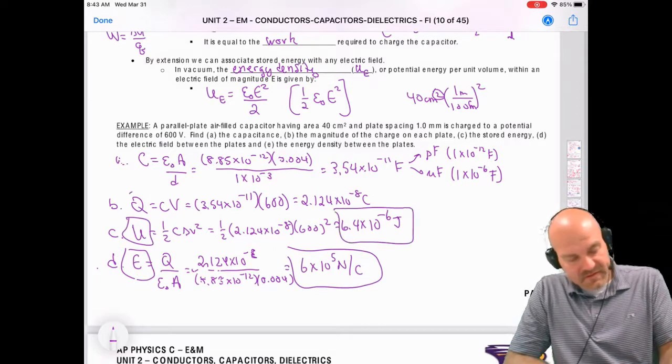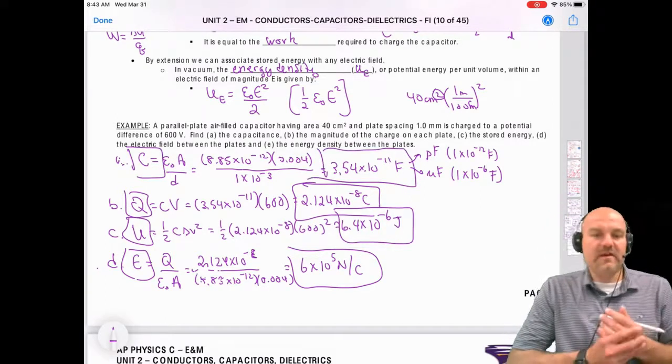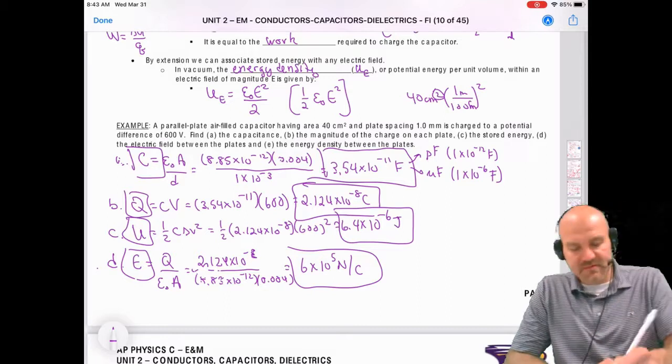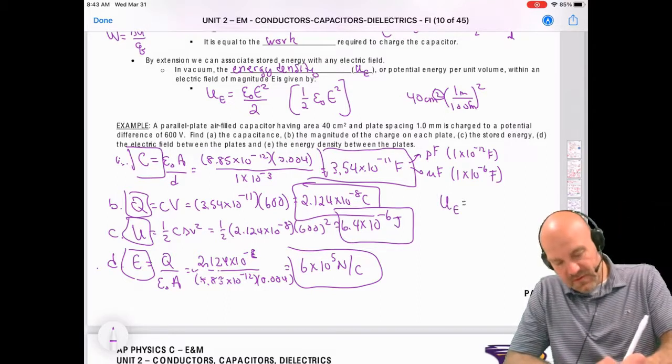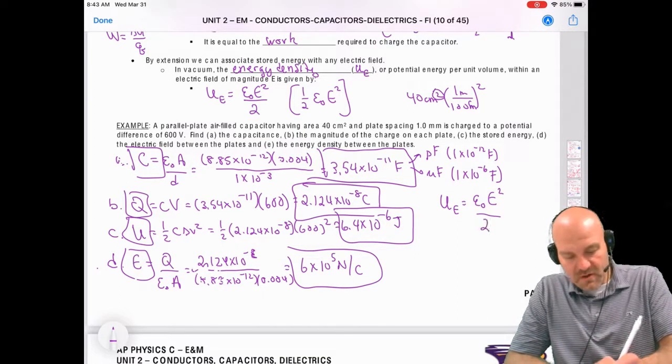Let me box some of these so we don't get them mixed up. And now the last thing I need to calculate is the energy density between the plates. So U equals epsilon naught times the electric field squared over 2.